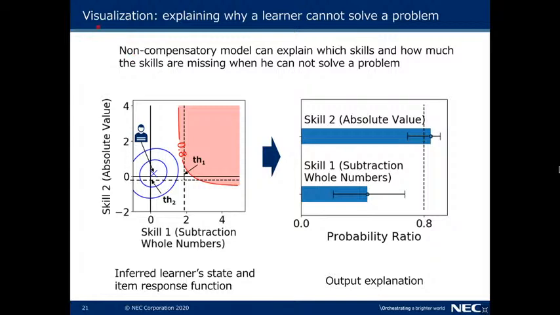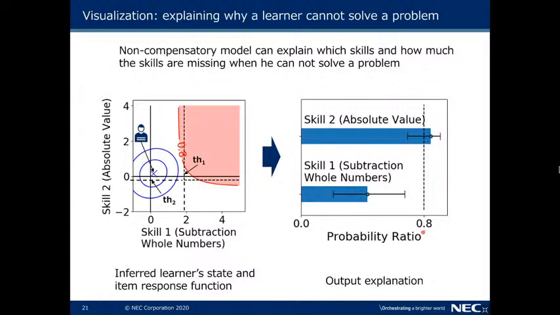In this slide, I show you the visualization explaining why a learner cannot solve a problem. One big advantage of the non-compensatory model is being able to explain which skills, and how much of each skill, are missing when he cannot solve a problem. Here's a visualization.